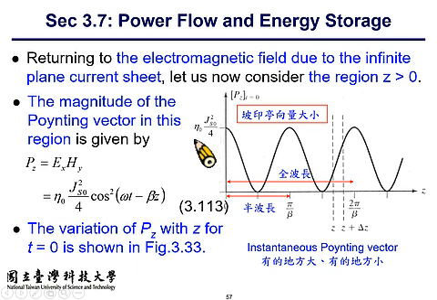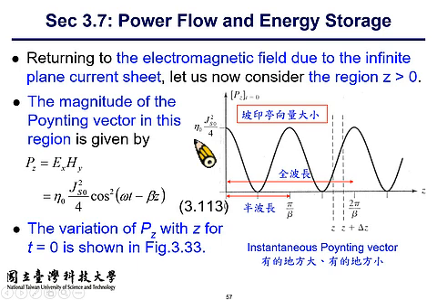So, returning to the electromagnetic wave on current sheet, we can consider the region that is delta x, delta y, and we can calculate the Poynting vector associated with a specific region in space.